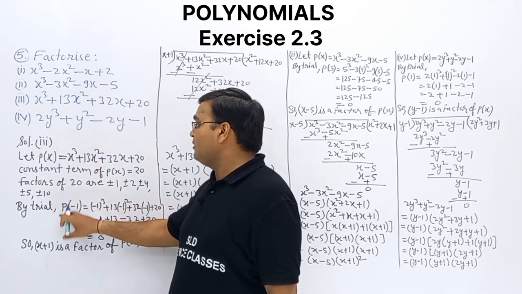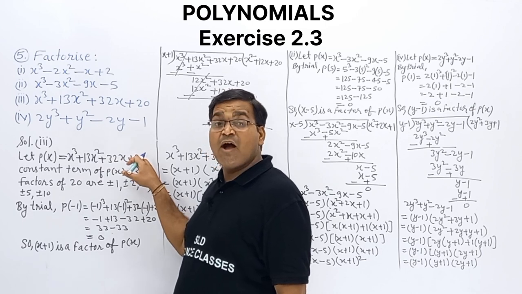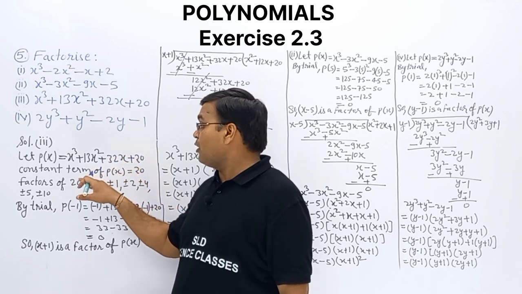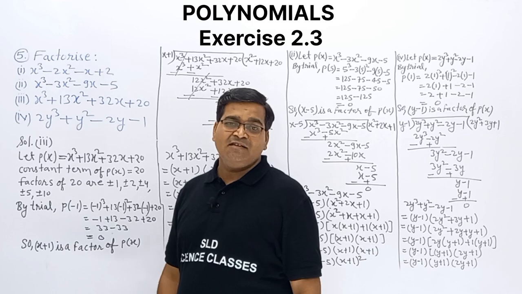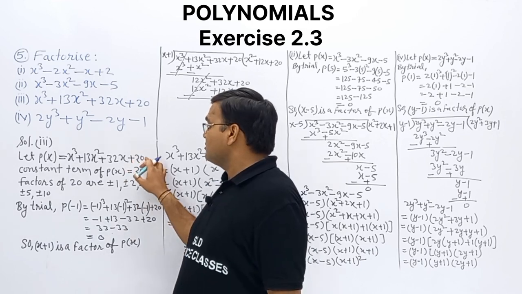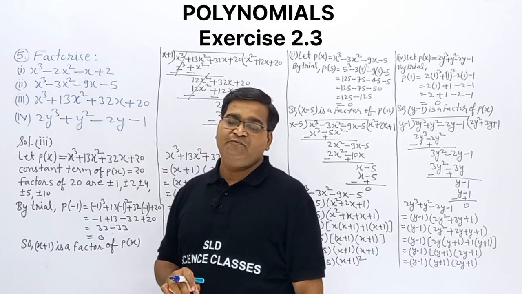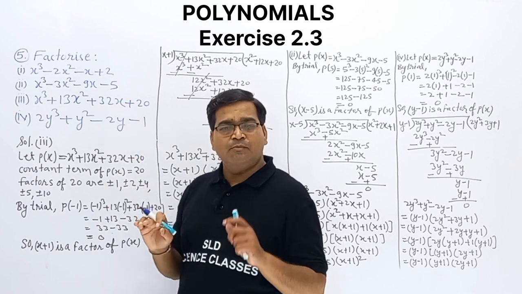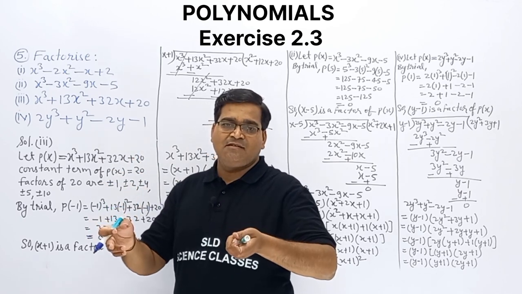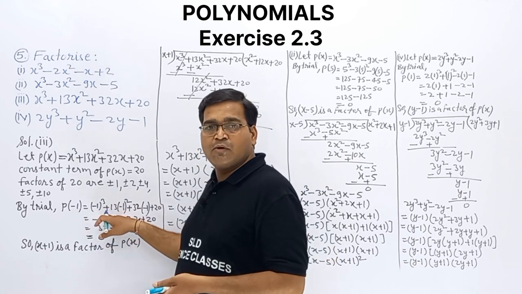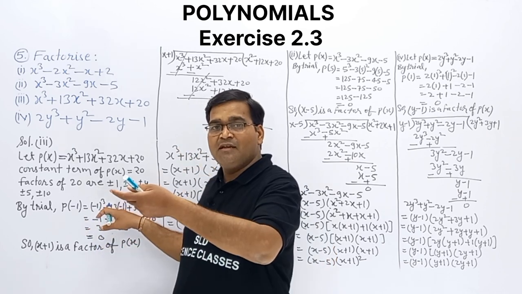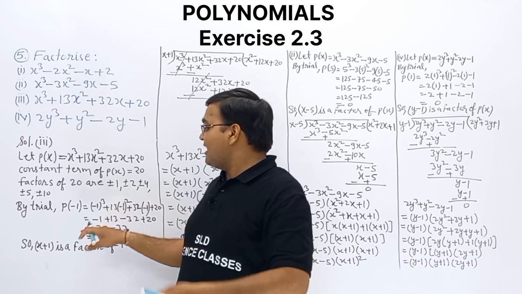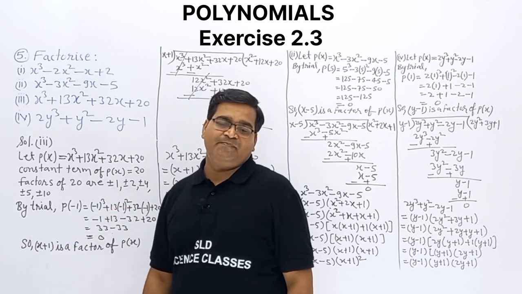By trial we will put values. And how will we choose values of x? Using the constant term. We will observe the factors of this constant term and put values from these factors. When we are getting 0, that will be the 0 of that polynomial.